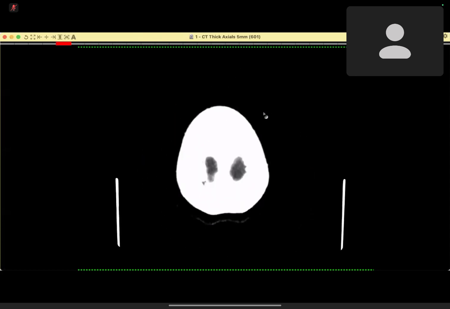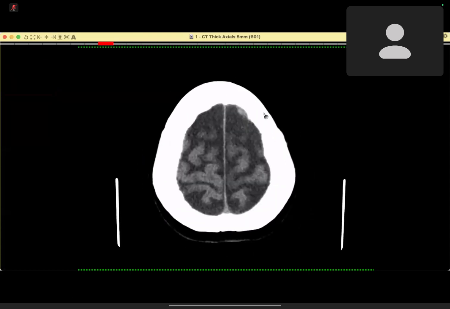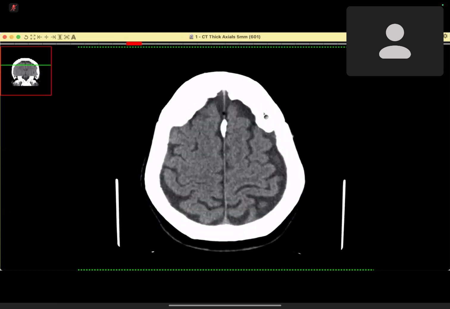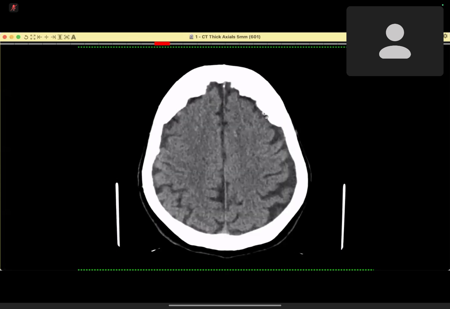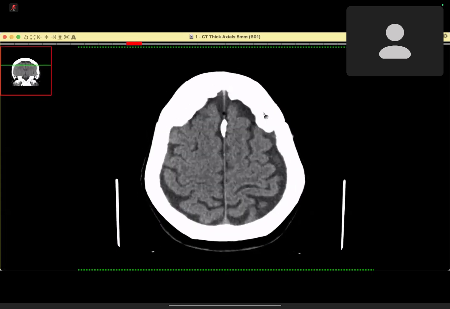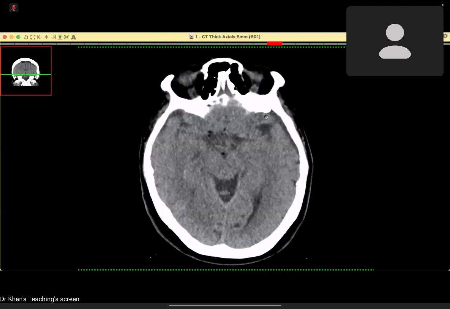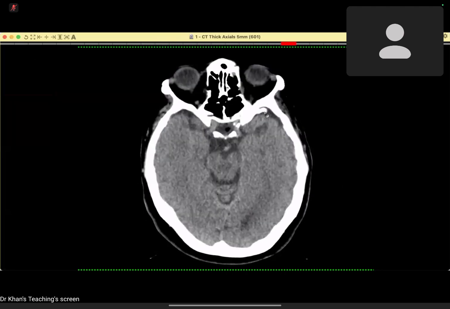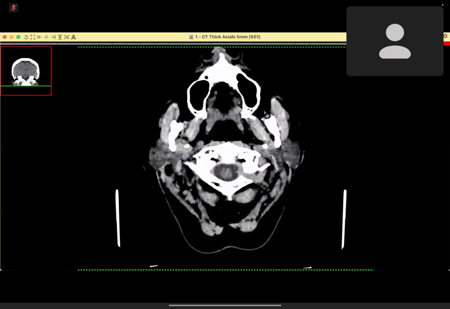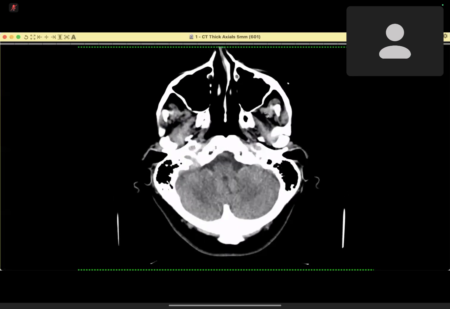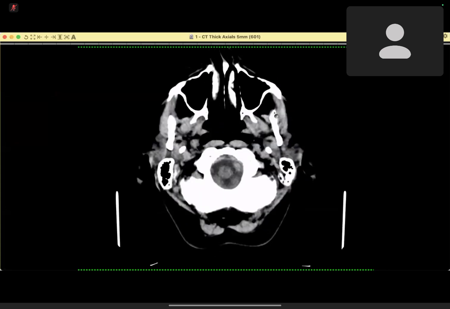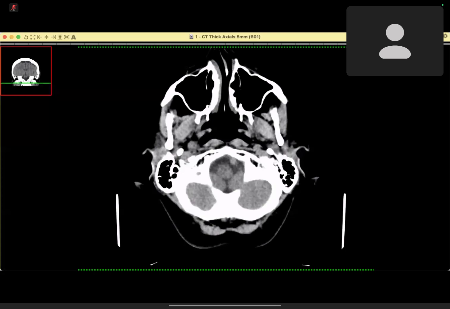Okay, I've been provided with a CT head plain axial section of a patient who has a history of trauma. I'll just scroll through the images before I start describing the findings. Starting from down up, the bilateral cerebellar hemispheres appear normal.